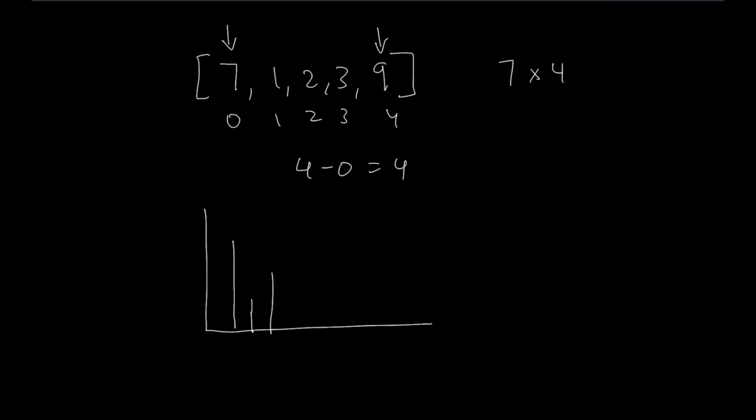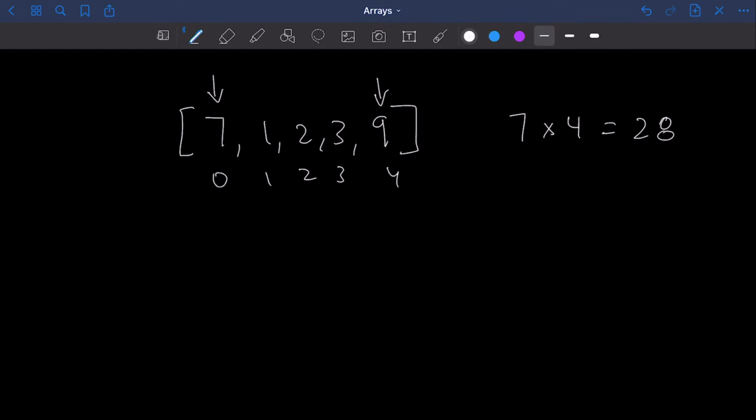If we drew this out, this is a little bit too high. We can tell that there is a space of 4 units between the 7 and the 9. So using this index calculation, we can now figure out the width between our two walls. So once we have this value, we know that what we're expecting is 28, 7 times 4.